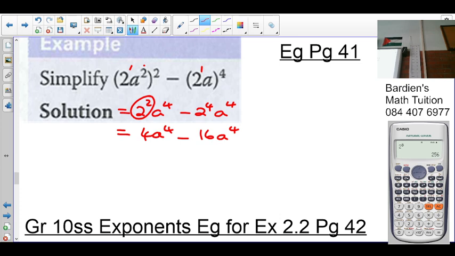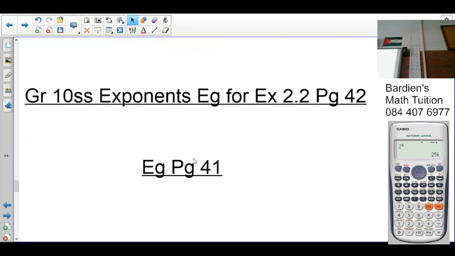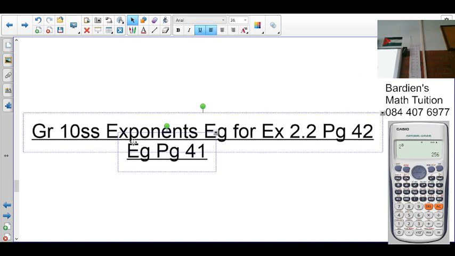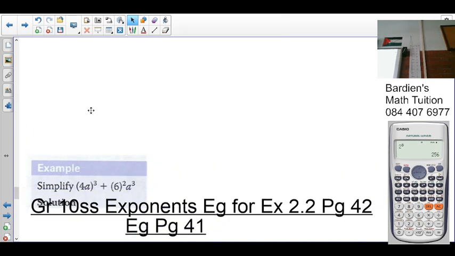And what is 4a to the exponent 4 minus 16a to the exponent 4? Negative 12a to the exponent 4. Any problems there? Next question.